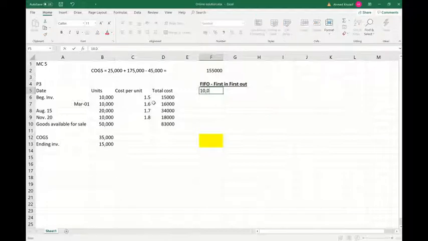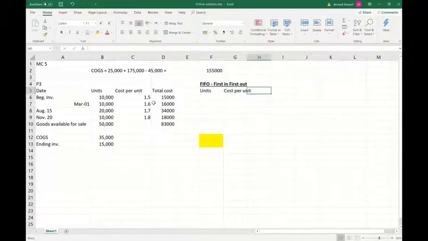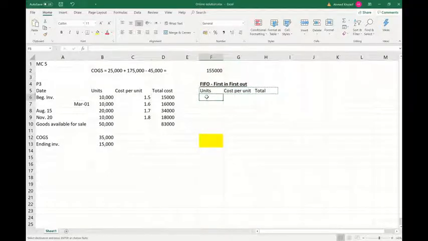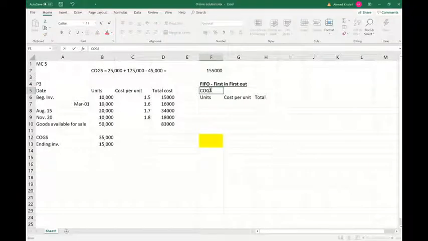We set up the columns for units, cost per unit, and total cost, for the cost of goods sold.